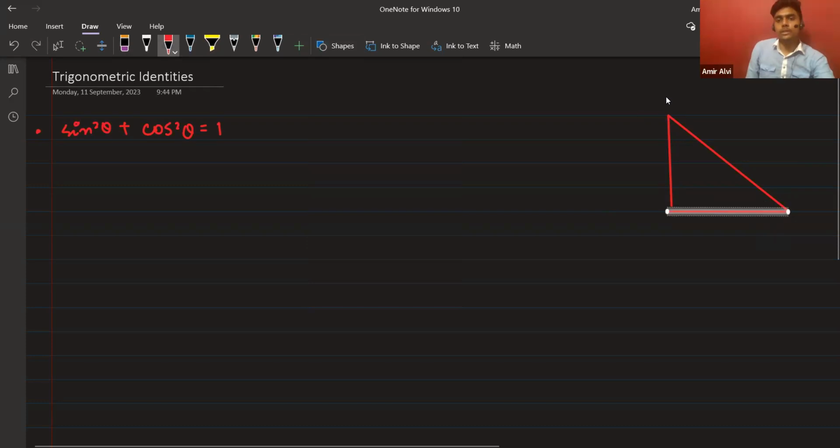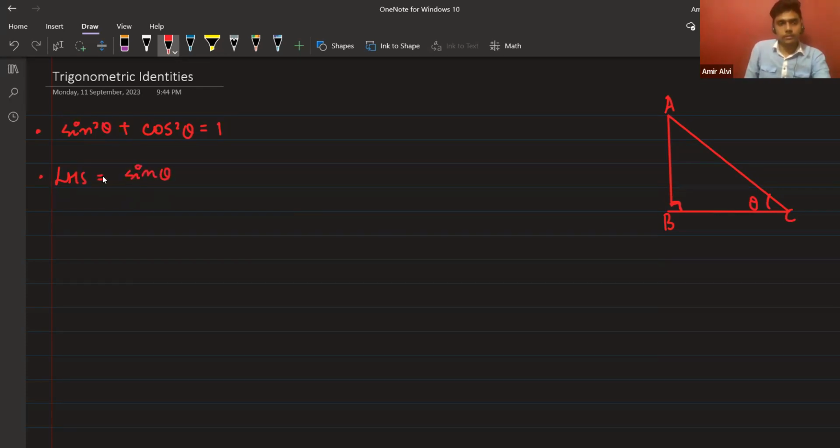Okay, so this is our triangle ABC, with angle B 90 degrees. Suppose this is our theta. Now, sine theta will be equal to what?